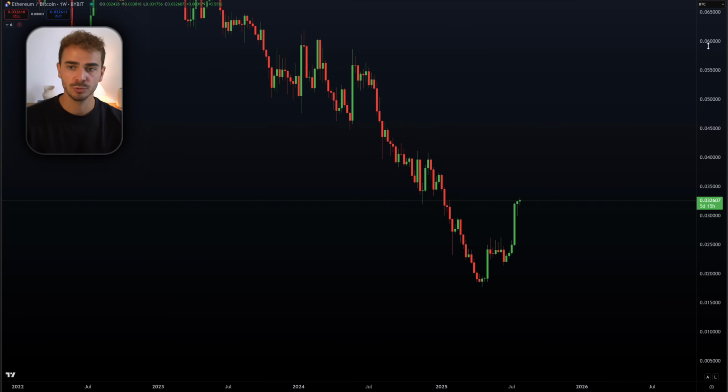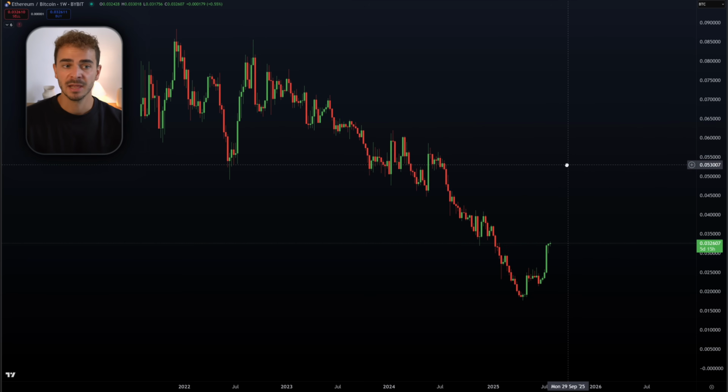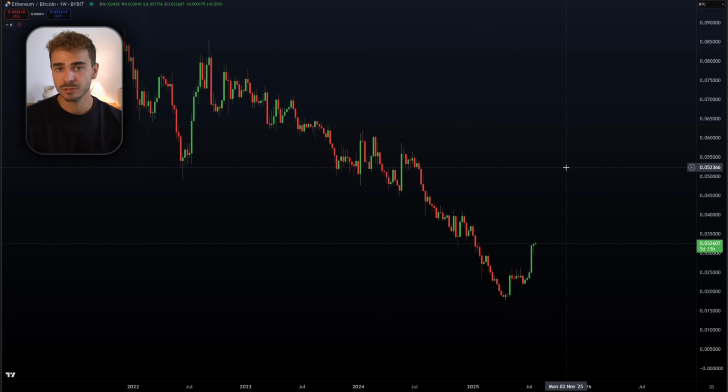So what we have to do here on the higher time frames is look at the most important thing whenever it comes to reading a chart, and that is market structure. So what we can see, even if we start in September 2022, we had a super clean downtrend. That means Bitcoin was always outperforming Ethereum.